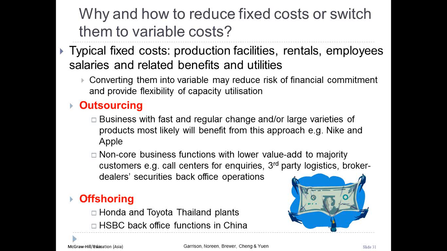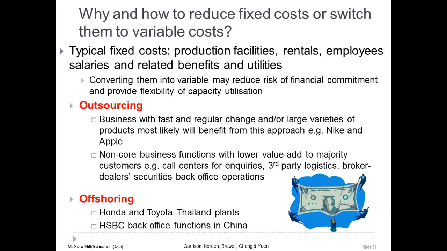So in this example, what are some very common fixed costs? Well, it tends to be the facilities that produce the product or assemble the product, rental agreements, the salary, the HR costs, benefits, and utilities. So they tend to be very fixed cost based.